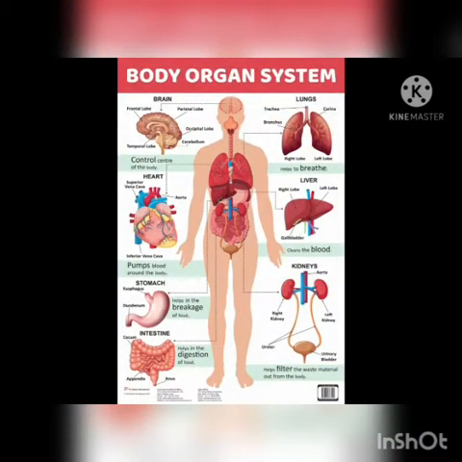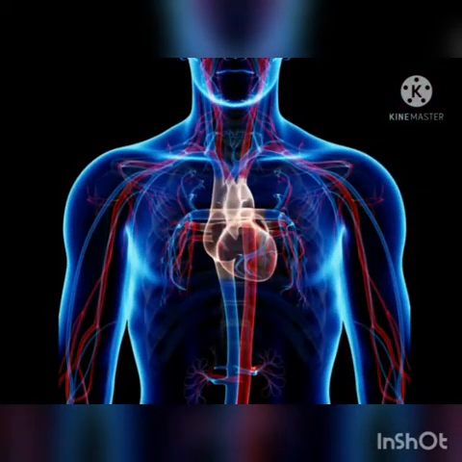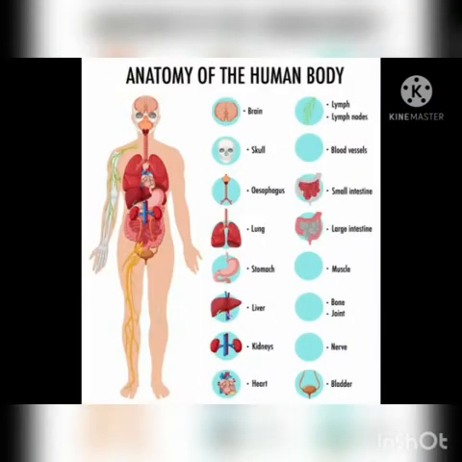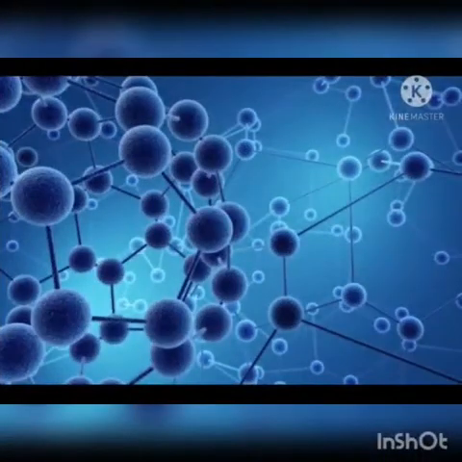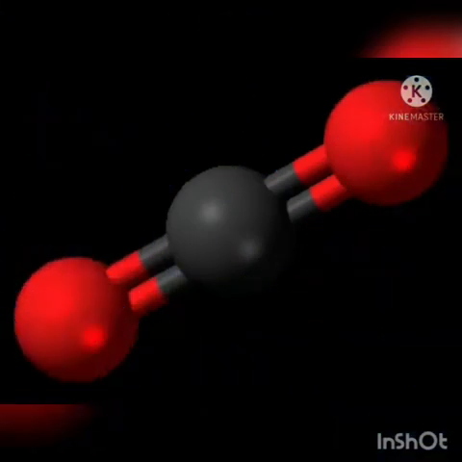Now before going into some basics of anatomy, let us understand what our human body is made up of. Here it is clearly demarcated starting from the molecular level. It starts from simple molecules.